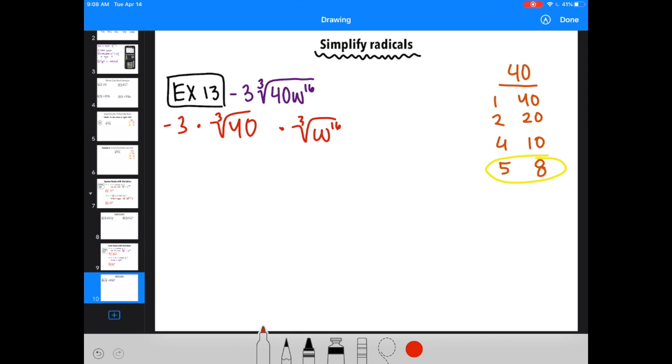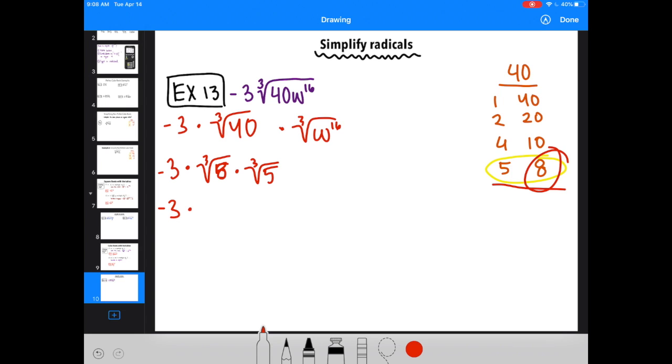Okay. I'm going to break up that cube root into 8 and 5, because 8 is a perfect cube. Cube root of 40 breaks up into the cube root of 5 multiplied by, actually I'm going to make this an 8, the cube root of 5 and 8.